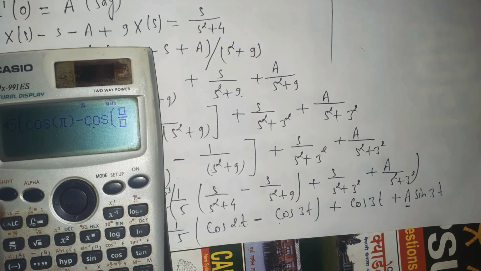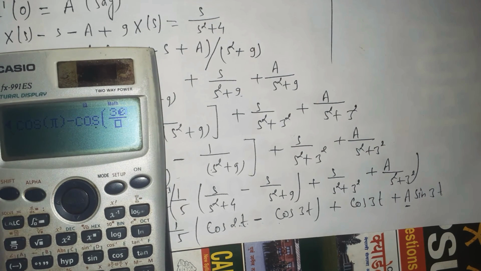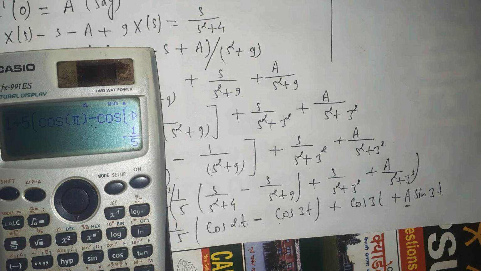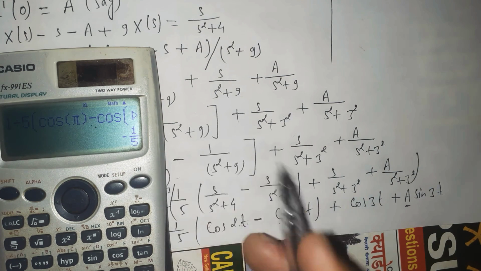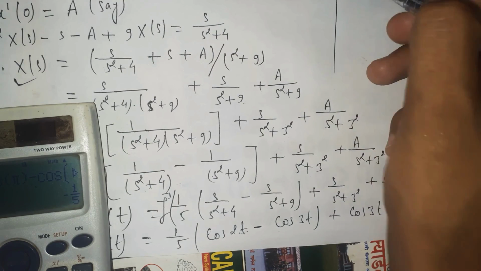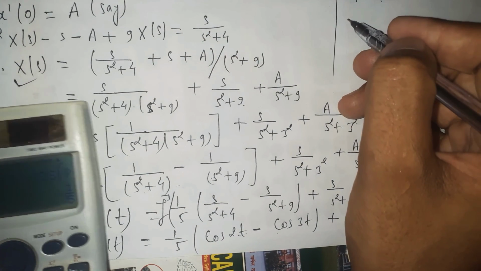Sorry, t is pi over 2, so 3 pi over 2. How much is this value? It is minus 1 over 5. Let me write in the next term.